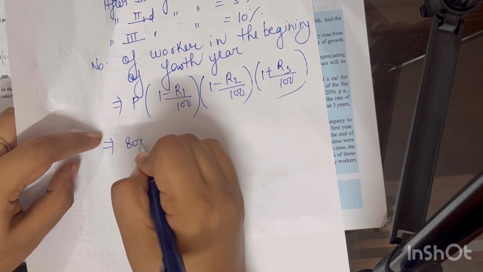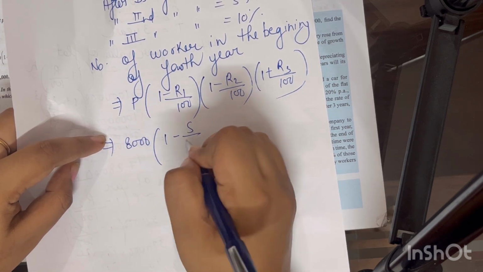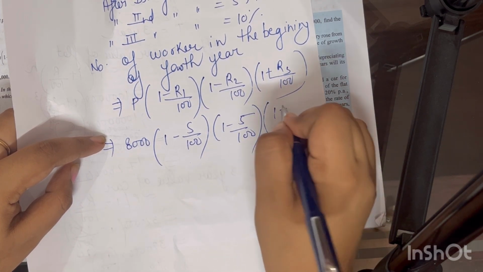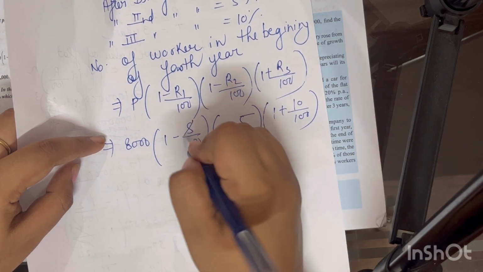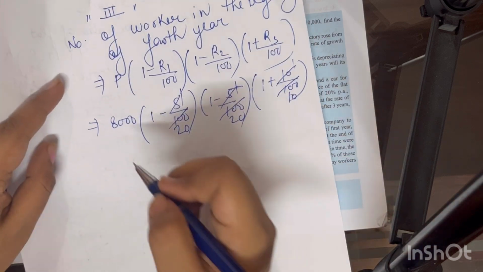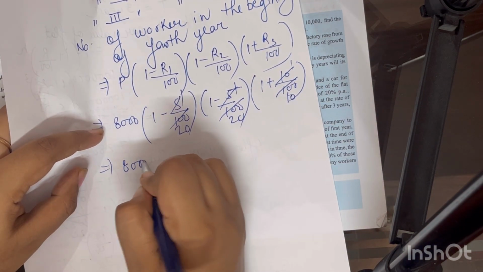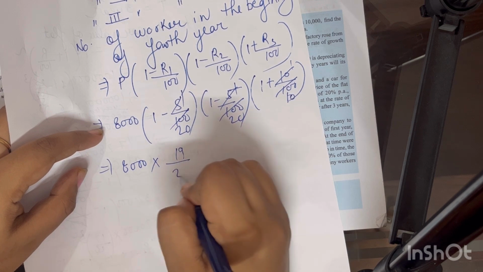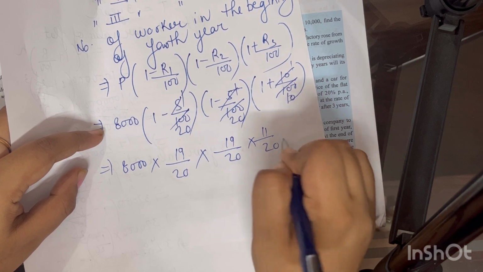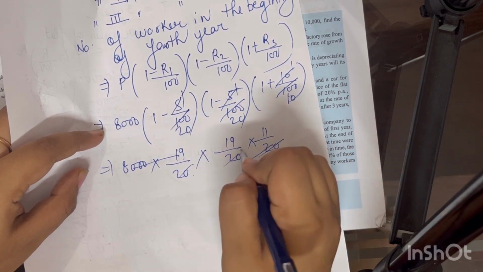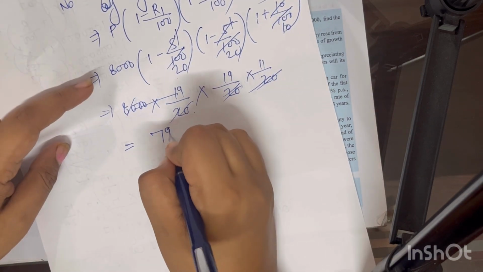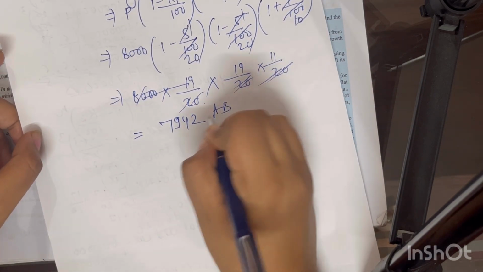P is 8,000, R1 is 5, R2 is 5, and R3 is 10, so 1 plus 10 by 100. So 8,000 times 19 by 20 into 19 by 20 into 11 by 10. Cancelling, the answer will be 7942. Answer.